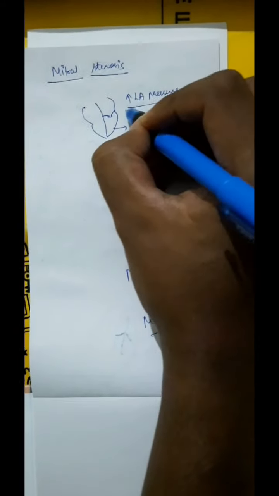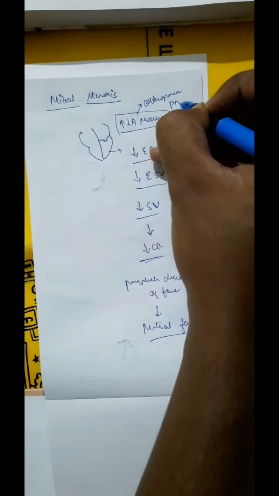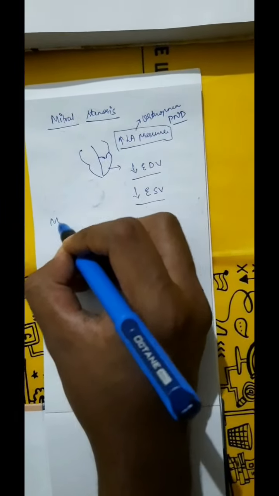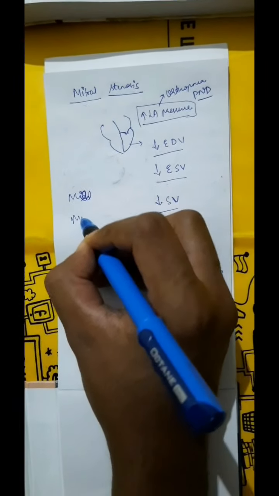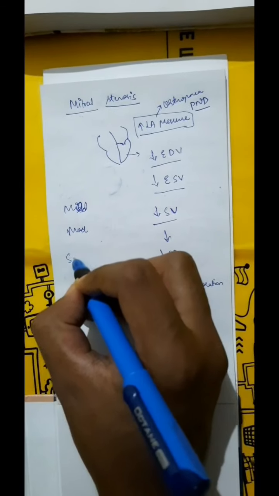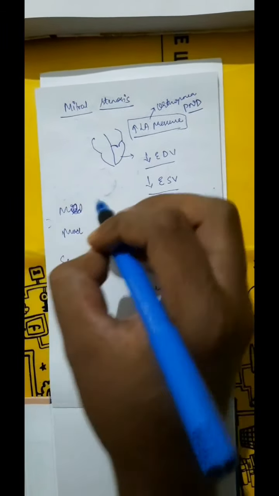Due to increased left atrial pressure, there can be orthopnea and PND. And one more thing, it can be divided into mild, moderate and severe stenosis. Mild, moderate and severe classification.